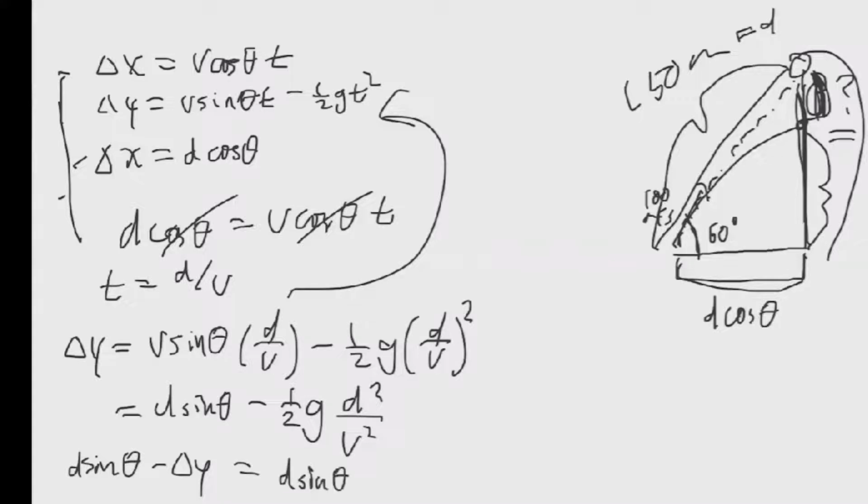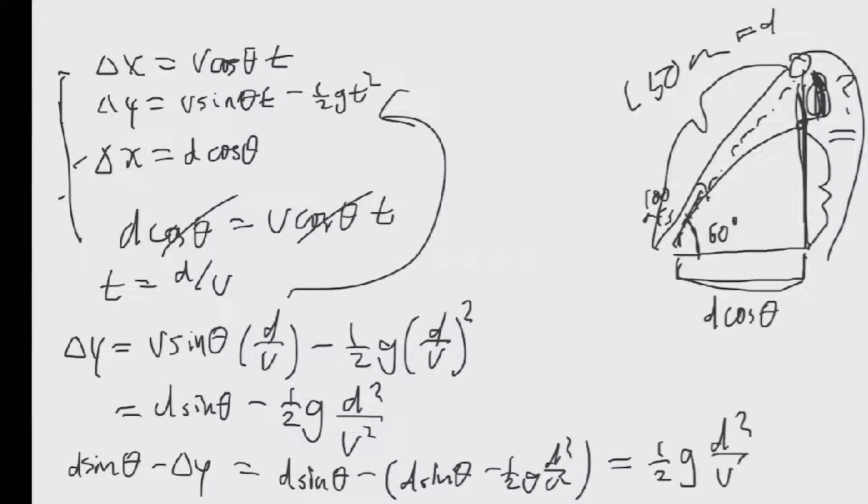So we plug this in. And you can see the benefit of leaving things in variables, because now the d sine thetas just disappear, and we're left with 1/2 g d squared over v squared. And that's our final answer. It's pretty nice.